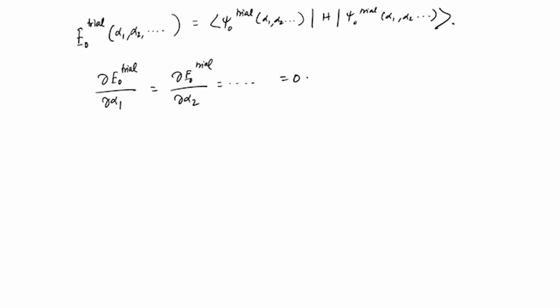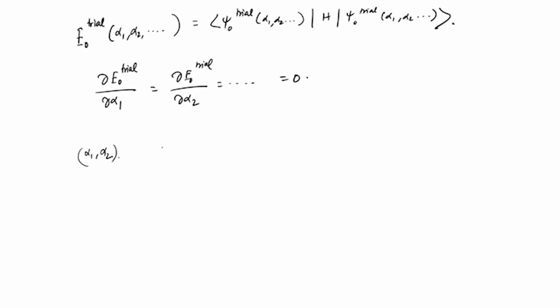That will be your variational wave function. There is one problem as far as working out these expressions goes. Suppose we talk about two variational parameters, just alpha 1 and alpha 2.